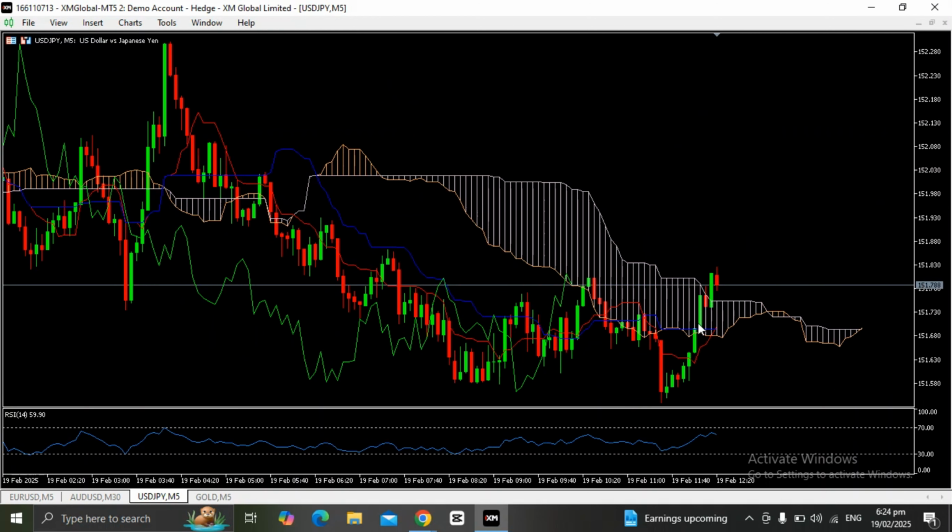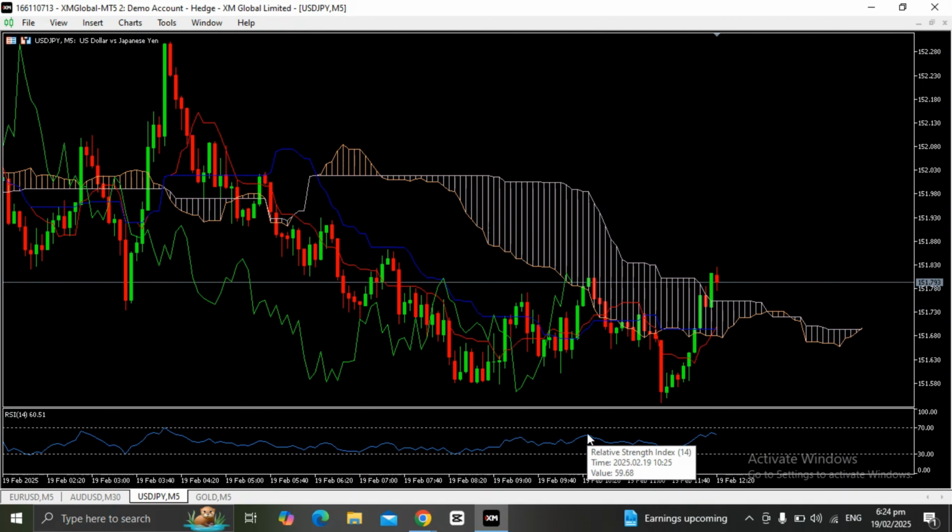But looking here, we have the RSI, which is almost the same as where it failed to break before.